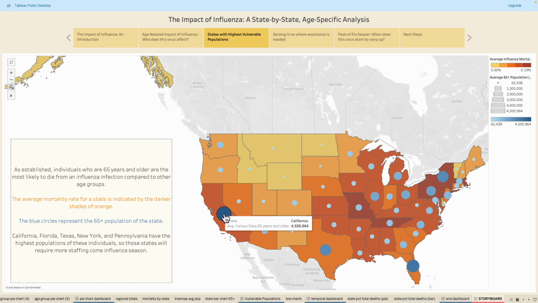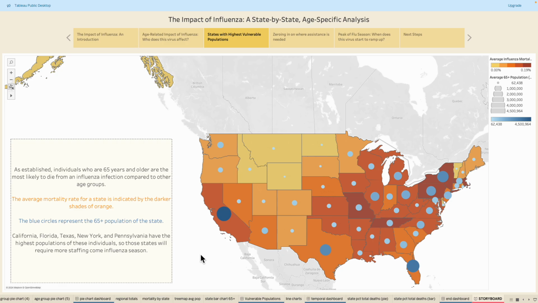And then the blue circles that overlie those states represent the total 65 plus population. So we're able to look at this in two different ways: one, which states have the highest percentage of 65 plus individuals dying, and also which states have the most 65 and older individuals, straight out.